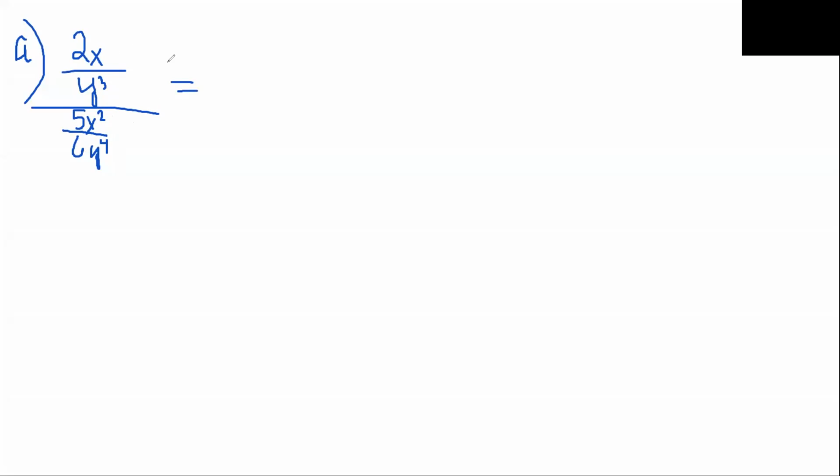So we can just separate: 2x over y cubed, and then divided by 5x squared over 6y to the fourth.